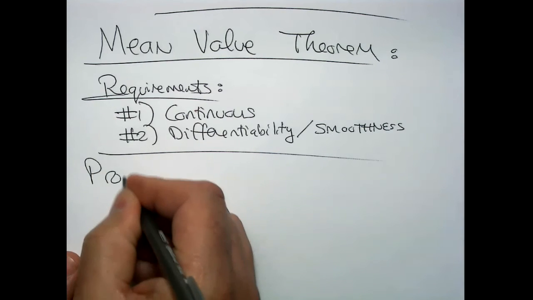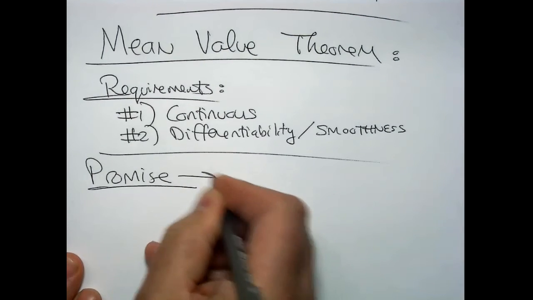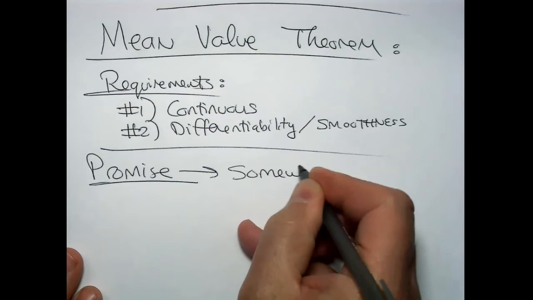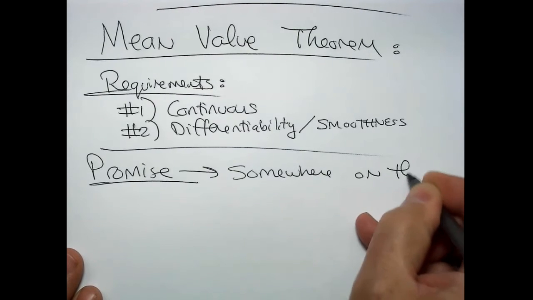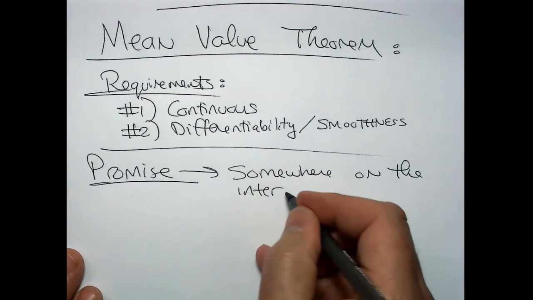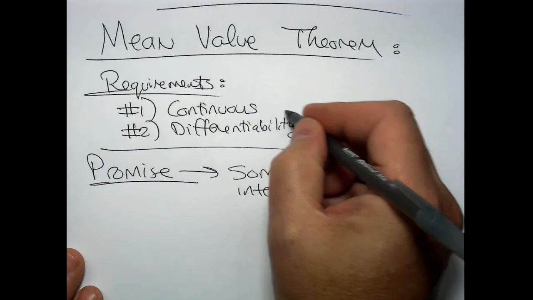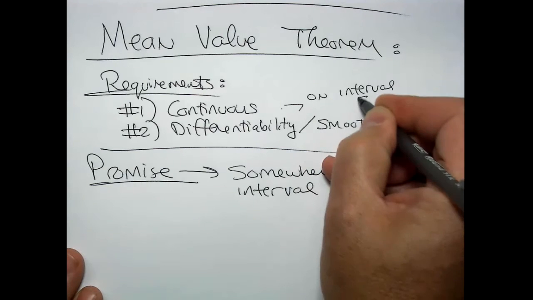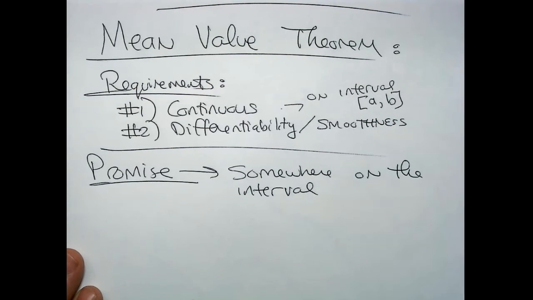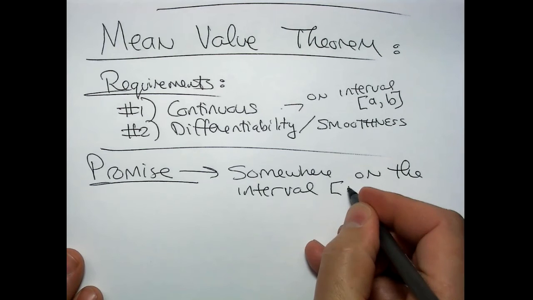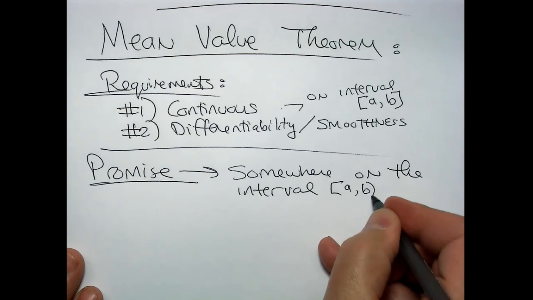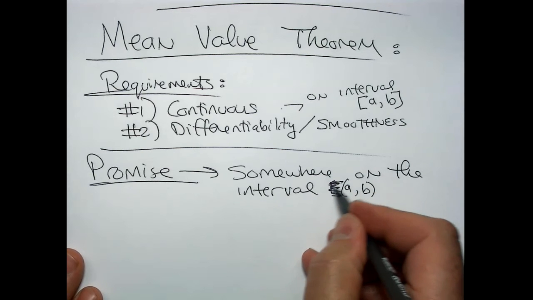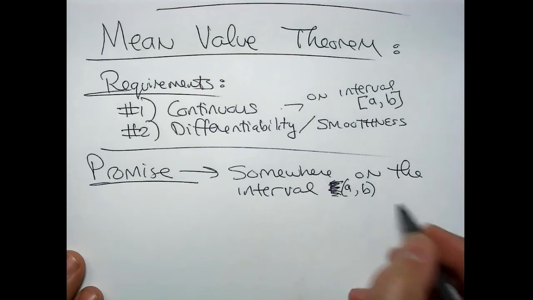Now the promise. The promise that the mean value theorem makes is that somewhere on the interval, and I've got to put that up here, these requirements are certainly on the interval from A to B, both of them. Somewhere on this interval, actually that should be open, because we don't look at the endpoints necessarily for this promise.